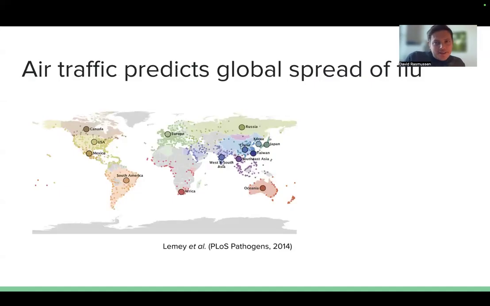A really nice example of this was applied to the movement of seasonal flu viruses around the globe. In this case, it was Philippe Lemey's group again. They wanted to understand whether passenger air traffic explains how quickly different strains of influenza can move around the world.